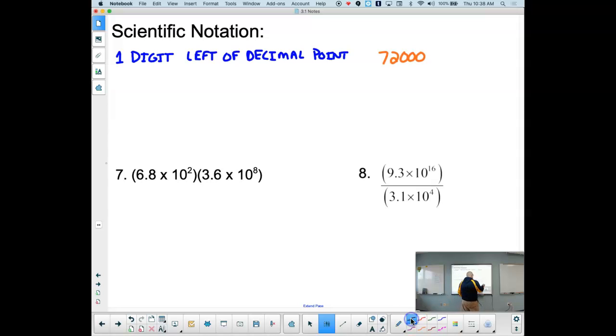My decimal point is right there at the end. So if I need to make that be in scientific notation, then this would be 7.2 times 10 to the 1, 2, 3, 4th power. Because I had to move that decimal point 4 spots to the left.